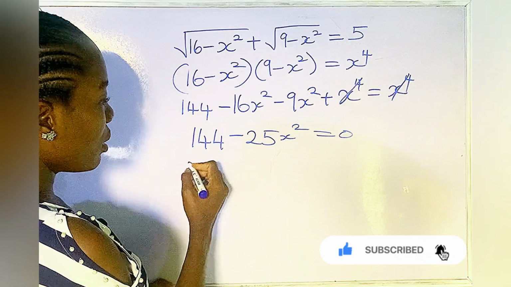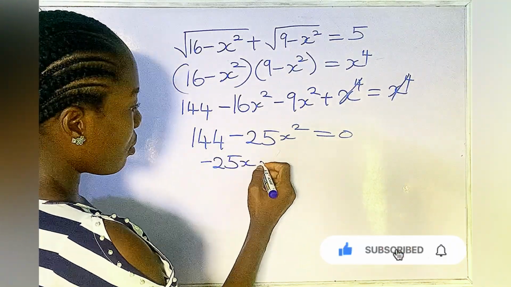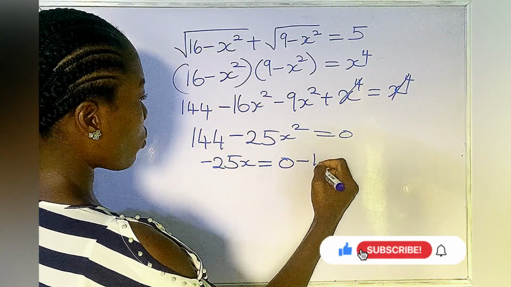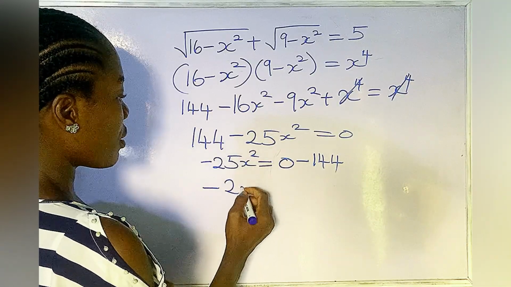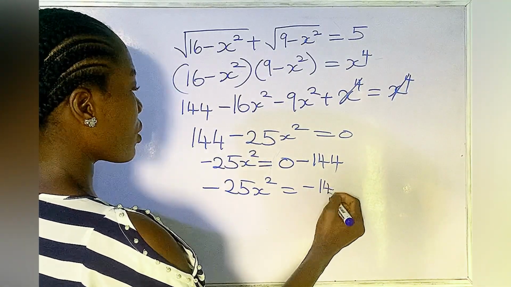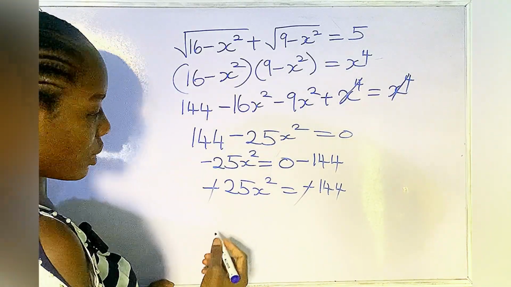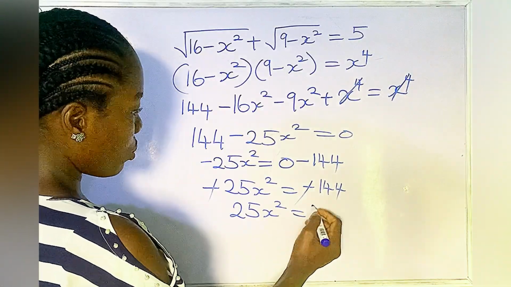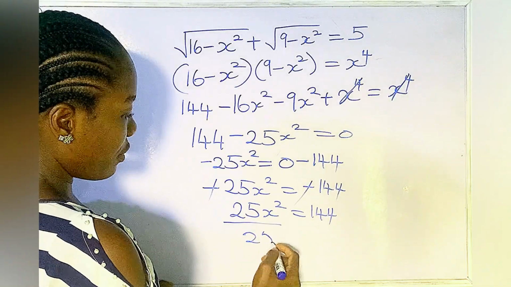So minus 25x squared is equal to 0 minus 144, which is minus 144. Minus cancels minus, so 25x squared is equal to 144. Divide both sides by 25.